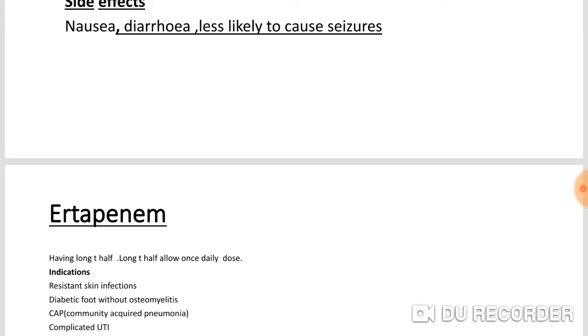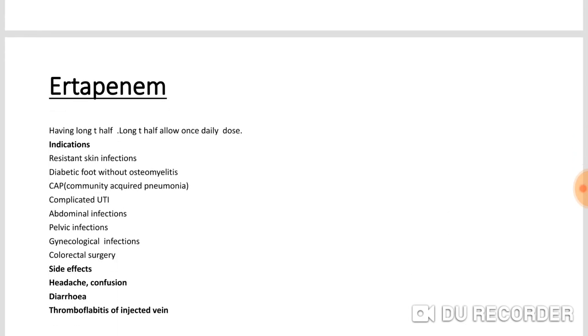Then ertapenem is the next drug. The peculiarity of this drug is that it has the longest half-life among all carbapenems. Its long half-life allows once daily dosing, which is convenient for patients as well as for doctors. Indications: it is used for resistant skin infection, diabetic foot without osteomyelitis.